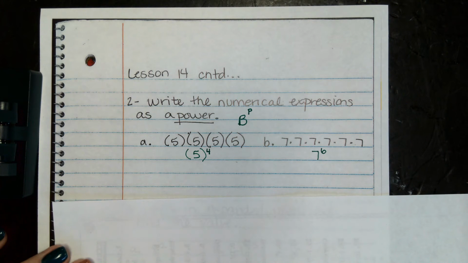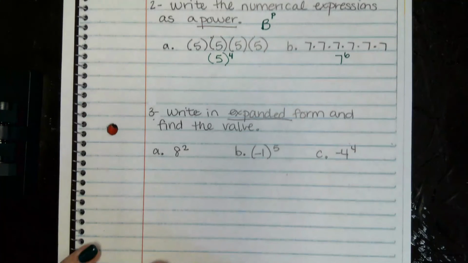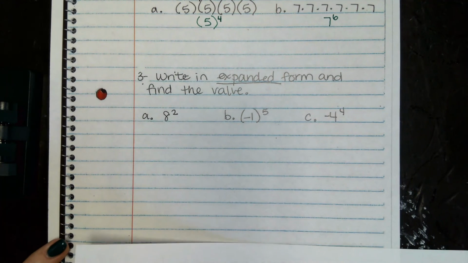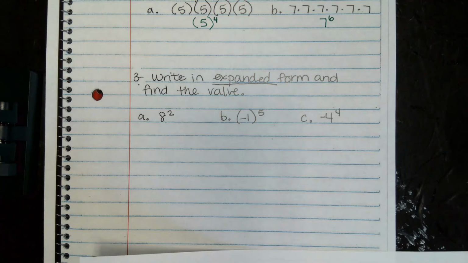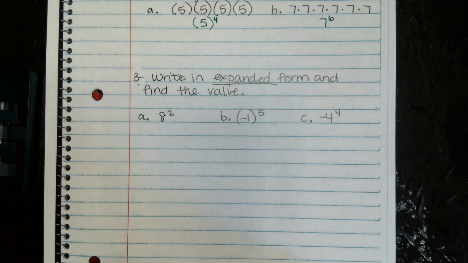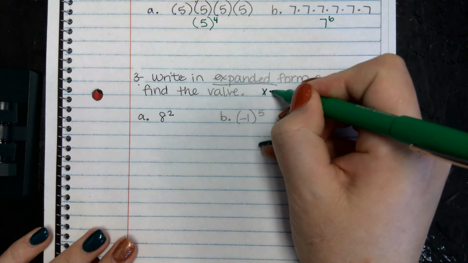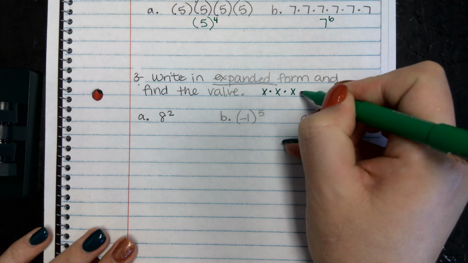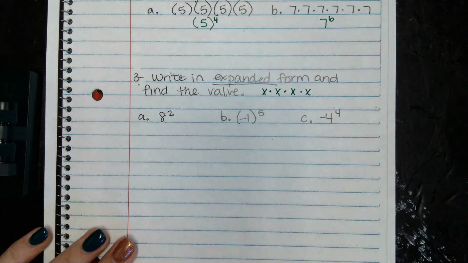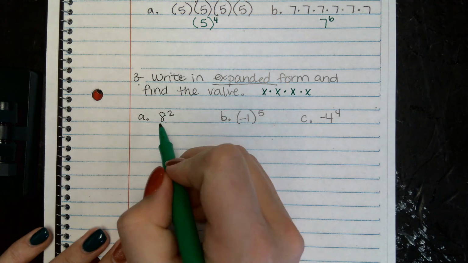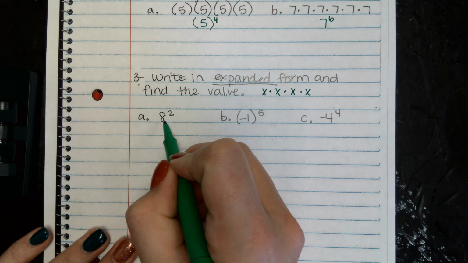Now the final type of problems you'll be looking at today is finding not only the value, which means the answer, but you'll also be writing them in expanded form. So remember, expanded form is a number times a number times a number times a number. We're going to be using that and finding out what the value of it is. So here we have 8 squared.